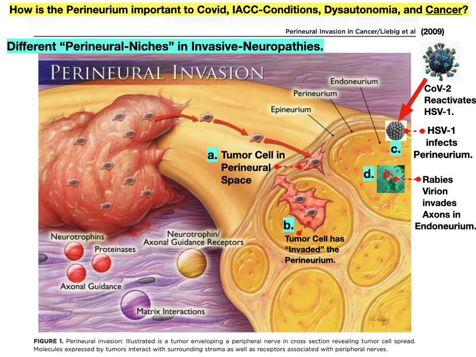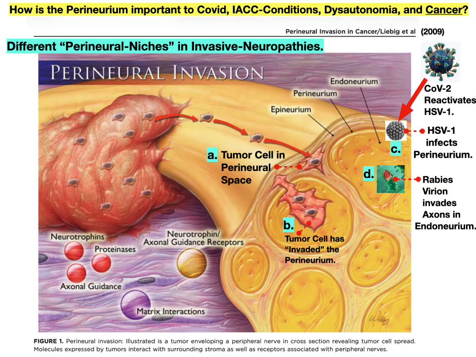Example B shows a tumor cell that has digested its way both through the epineurium and the perineurium and now lies inside the endoneurium where there is a bundle of axons, and here it is dividing and proliferating. So one can say that the tumor cell has invaded the perineurium, and this could be referred to as an example of an invasive neuropathy.